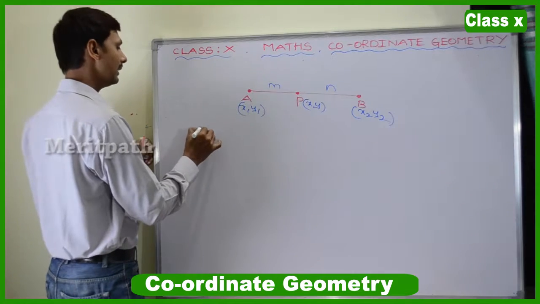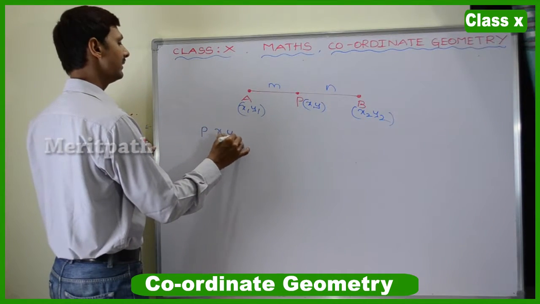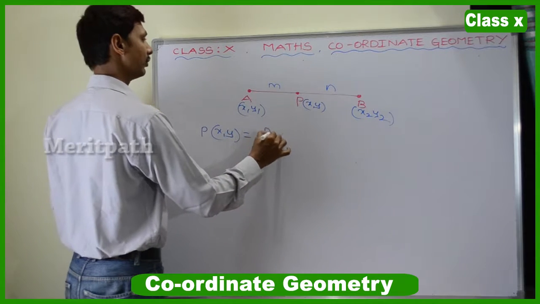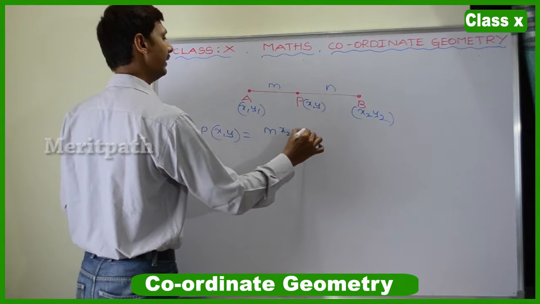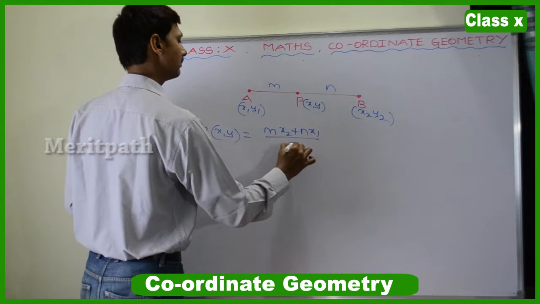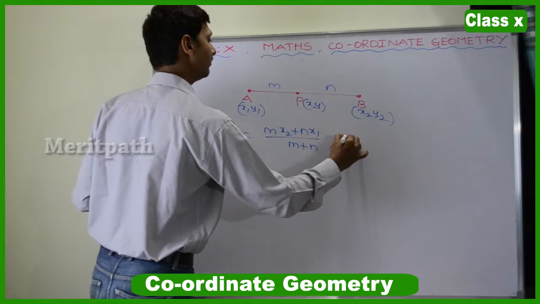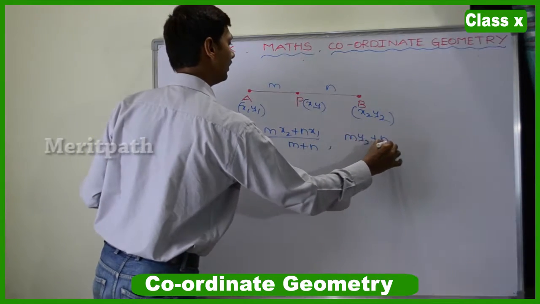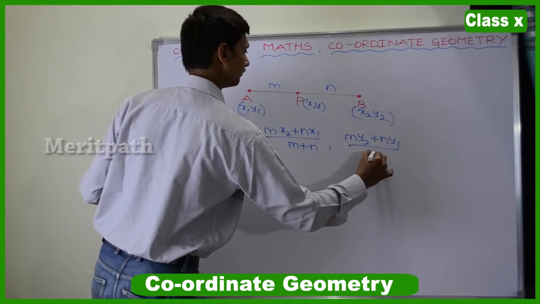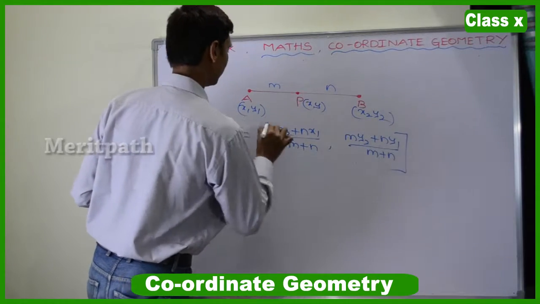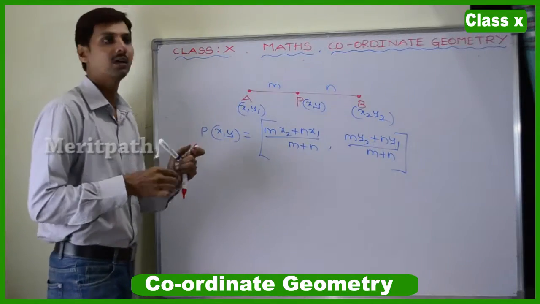Already we have proved that P(x, y) is equal to (mx2 plus nx1) by (m plus n), comma, (my2 plus ny1) divided by (m plus n). Here let us observe how we get this formula.